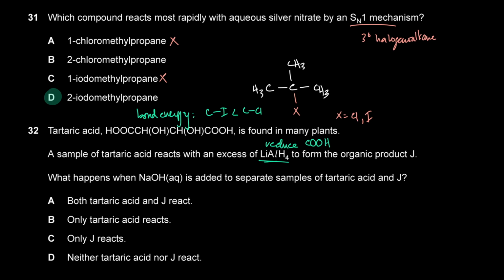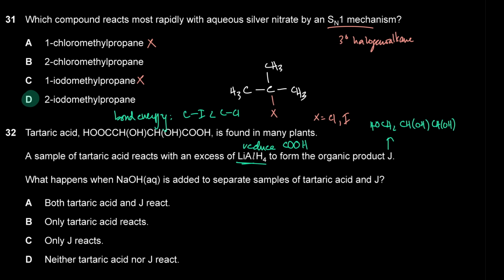So in the product J, the COOH will become a CH2OH. So what we get is CH2OH, then CHOH, CHOH, and then a CH2OH.